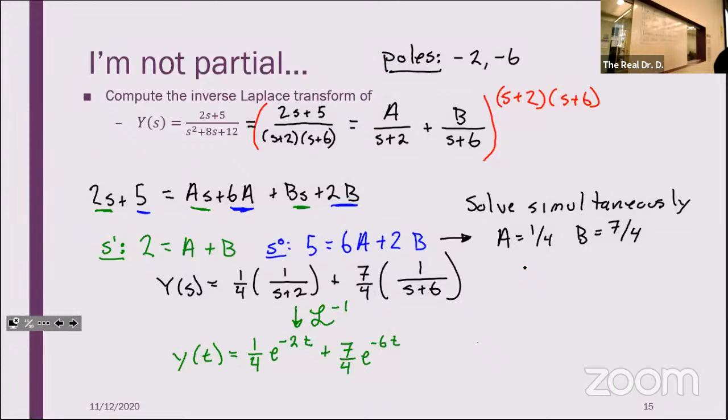Okay, so we're there. So let's try it with the residues method and see if that is equivalent. If I wanted to use residues instead, like the textbook talks about, the residues tell me that A1 is equal to s plus P1 times Y of s evaluated at s equal to negative 2.